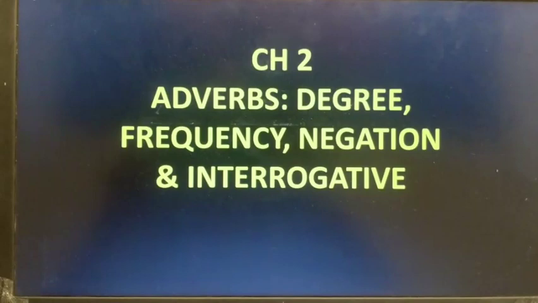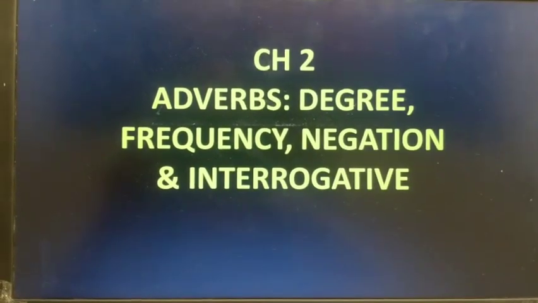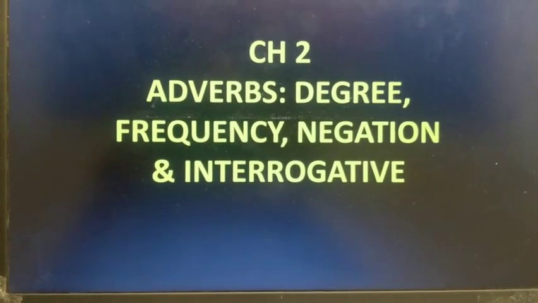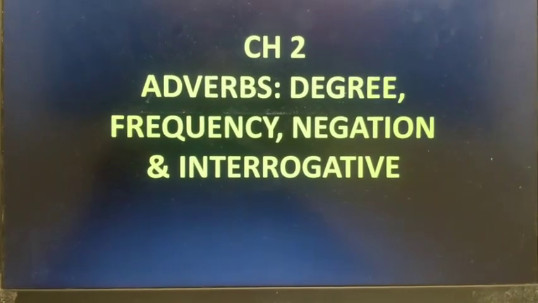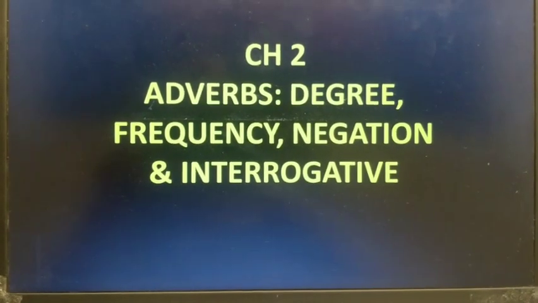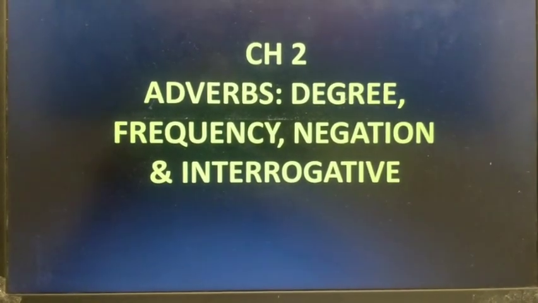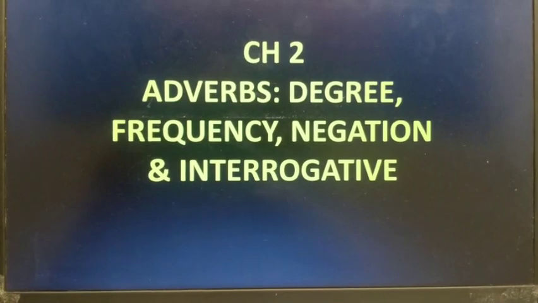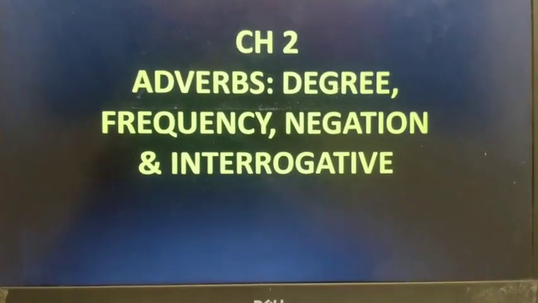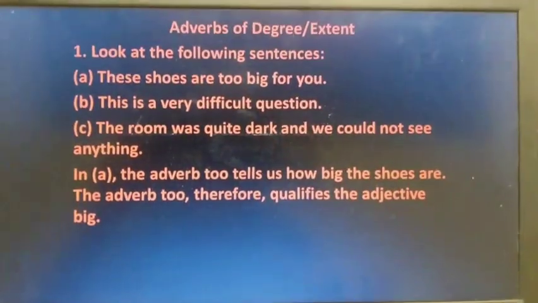Frequency means how often something happens. Negation means negative, that is the negative form of verb. And interrogative means question. You remember last time when we were doing the interrogative form? So let's study them in detail.